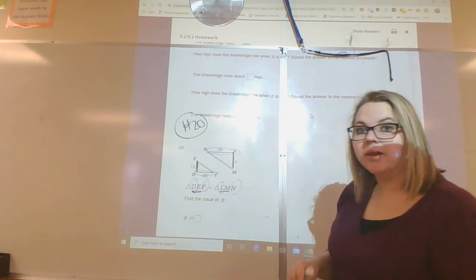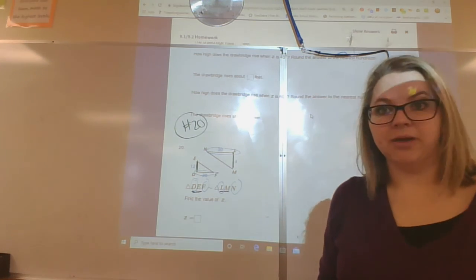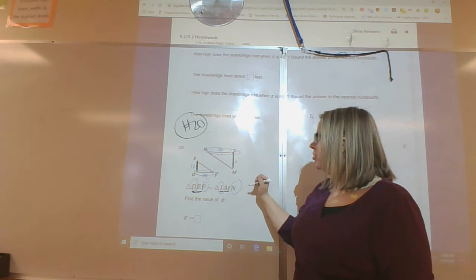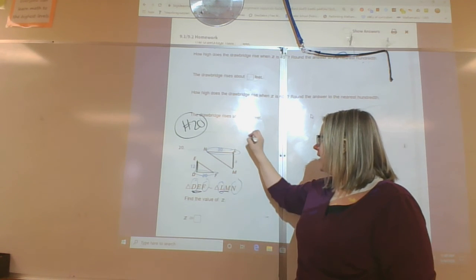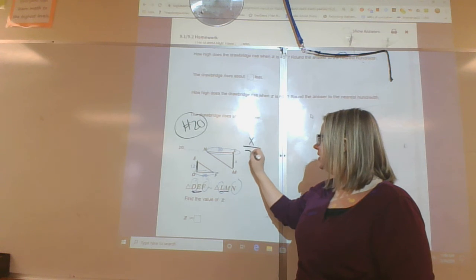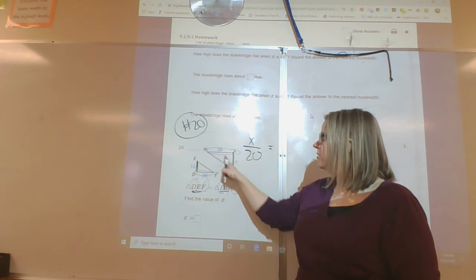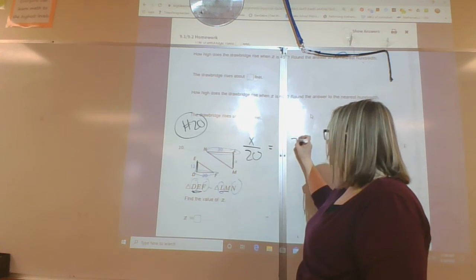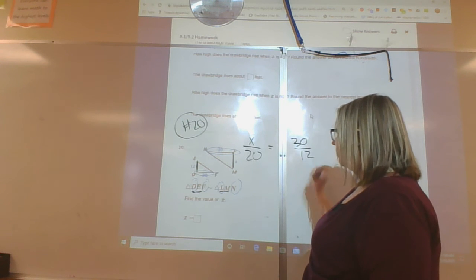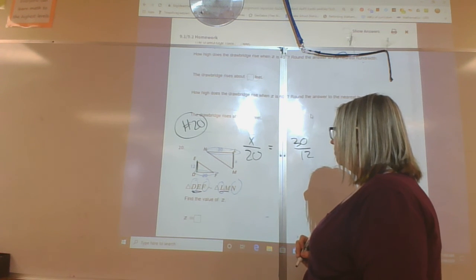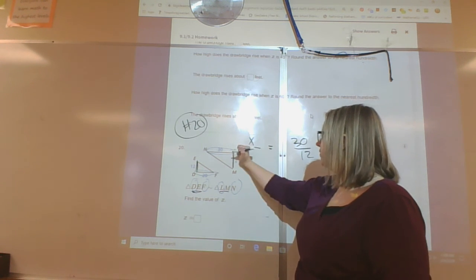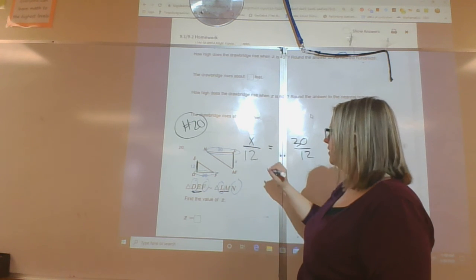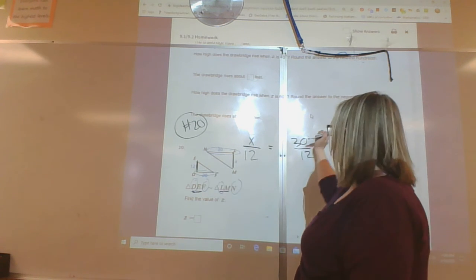So I'm going to set up proportions like we've been doing this whole time. Setting up proportions, I'm going to do X over 20 equals 30 over 12. Again, sorry, X goes with 12 and 30 goes with 20.